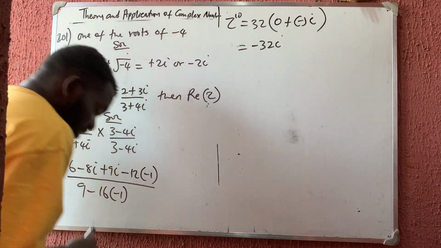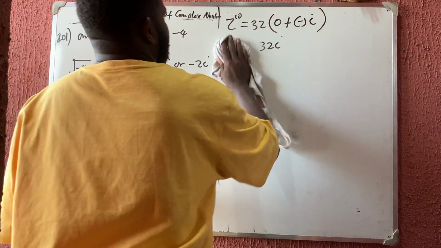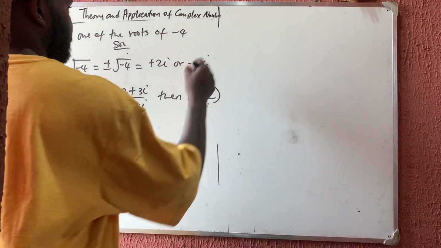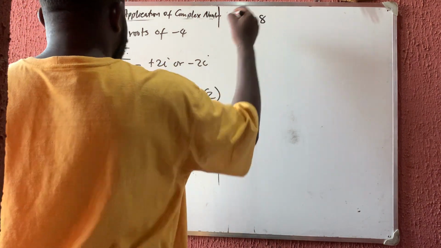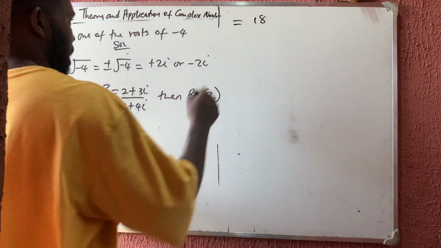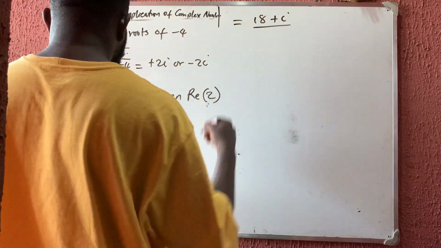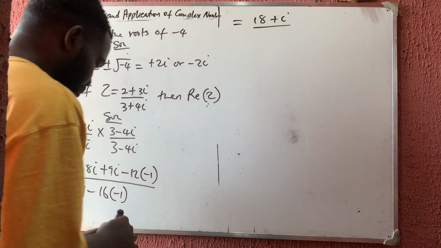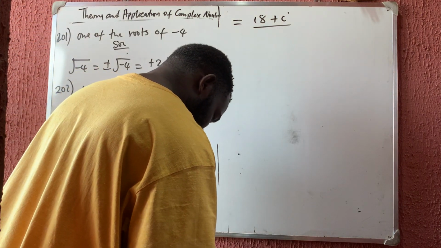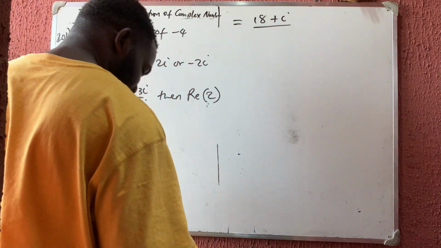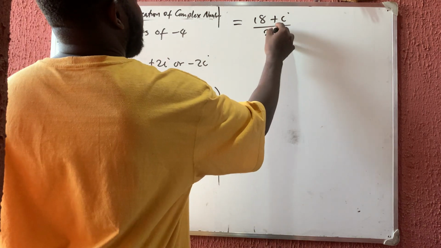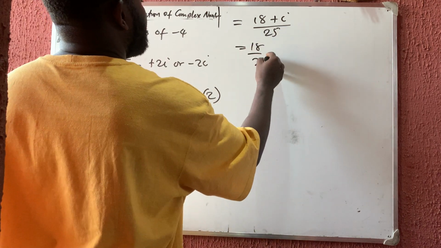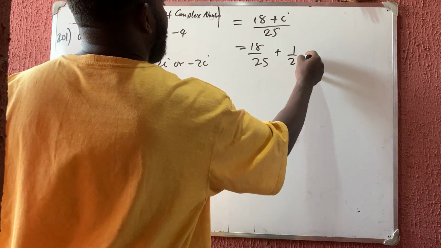So I have 6 plus 12 is 18, and 18 plus i all over 25, right? 9 plus 16 is 25. So I have 18 over 25 plus 1 over 25 i.